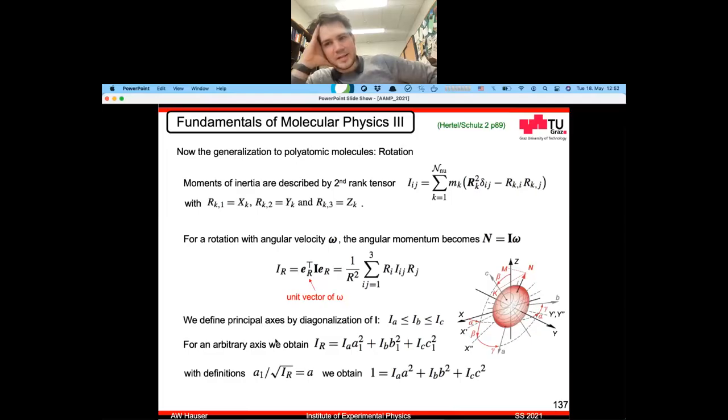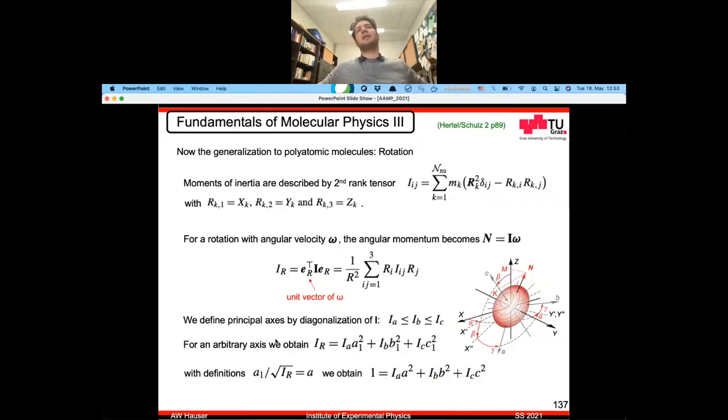Now, in order to classify and to handle this in a straightforward way for all kinds of molecules, we will do the following. We will proceed by defining principal axes that can always be found, namely by the diagonalization of our tensor. So this tensor in Cartesian coordinates is this matrix, and by diagonalization of this matrix, I'm getting the three eigenvalues, and the corresponding eigenvectors are the ones that I'm choosing.